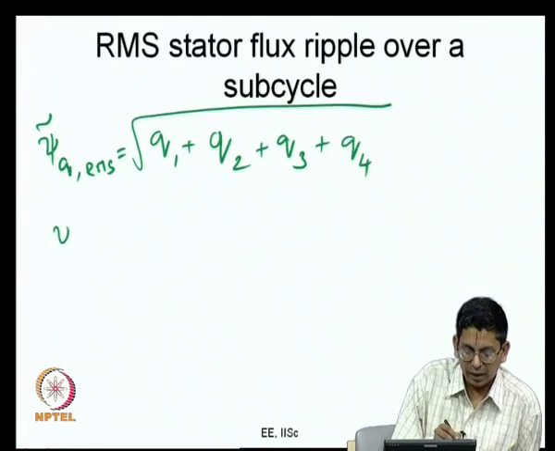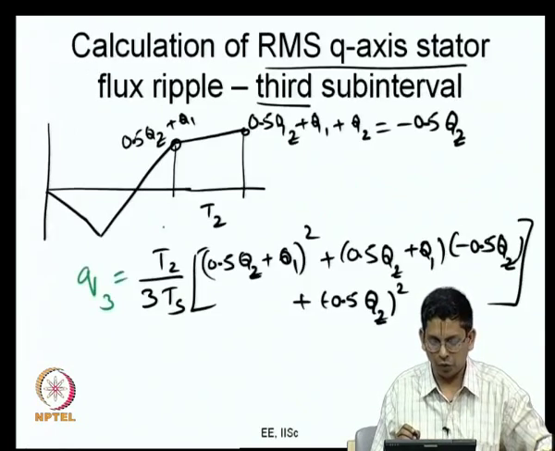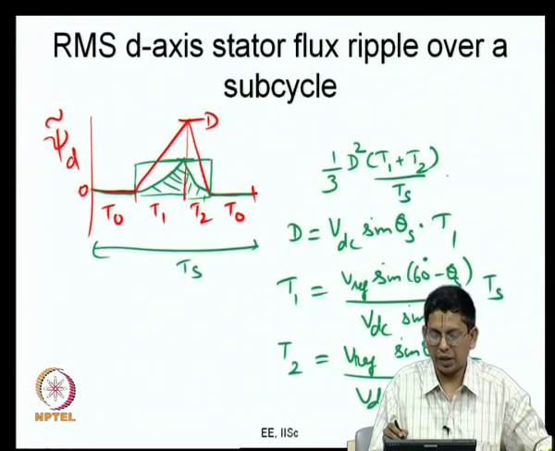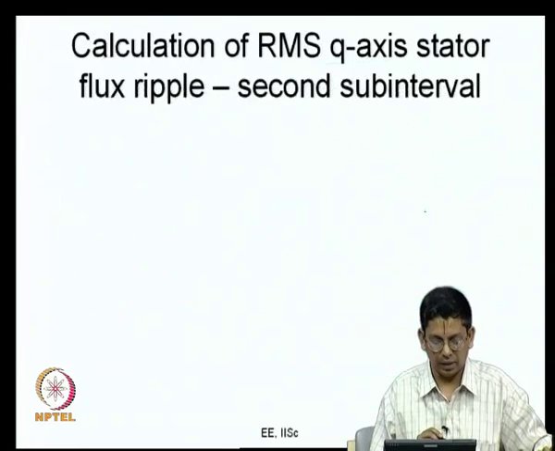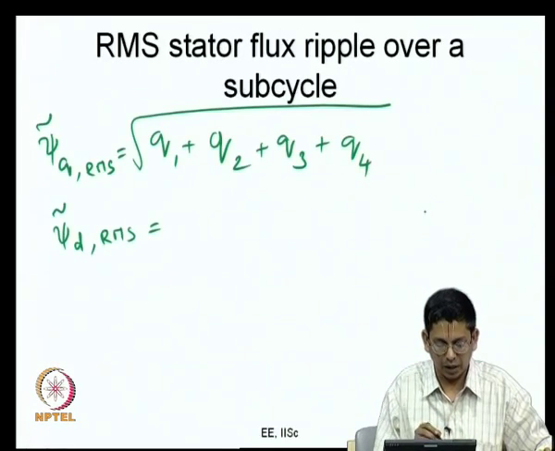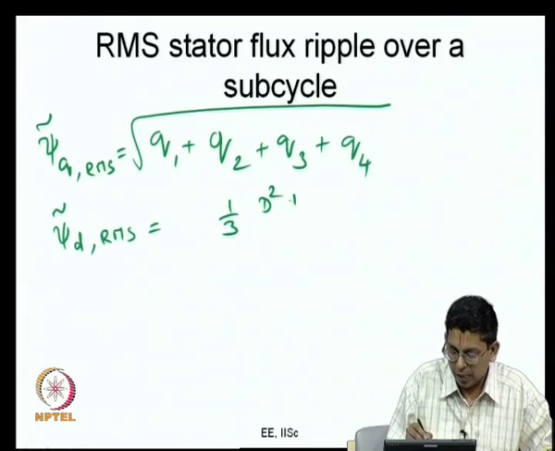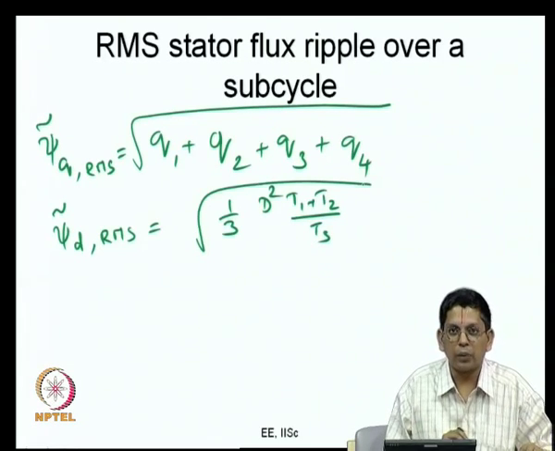The psi d tilde RMS is something which we got even earlier, that was more or less a straight thing that we had found before, which is basically 1/3 of d squared T1 plus T2 by Ts. So, psi d tilde RMS is as we calculated before: 1/3 d squared T1 plus T2 by Ts, the whole thing under square root now.